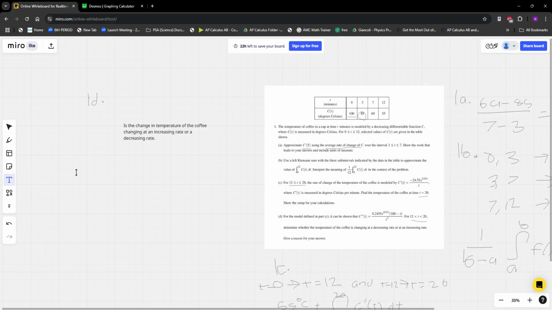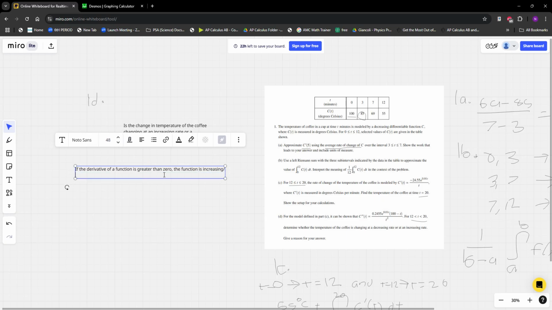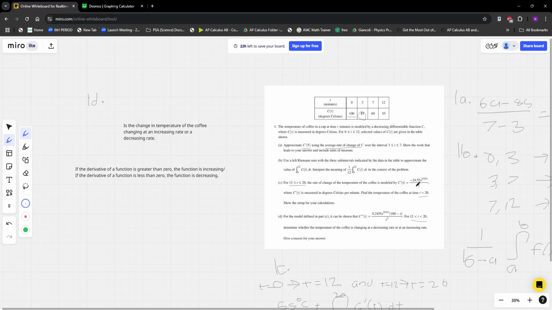As we know, if the derivative of a function is greater than 0, the function is increasing, and if the derivative of a function is less than 0, the function is decreasing. So the derivative of this function is this right here.